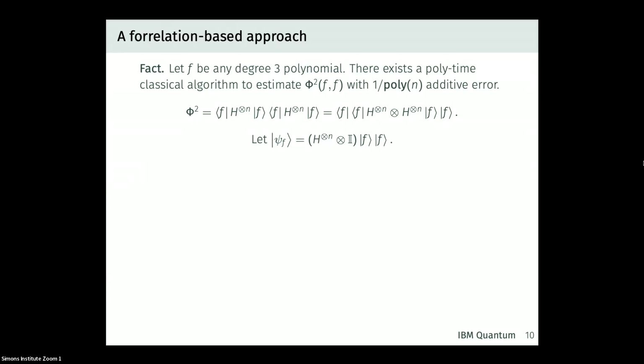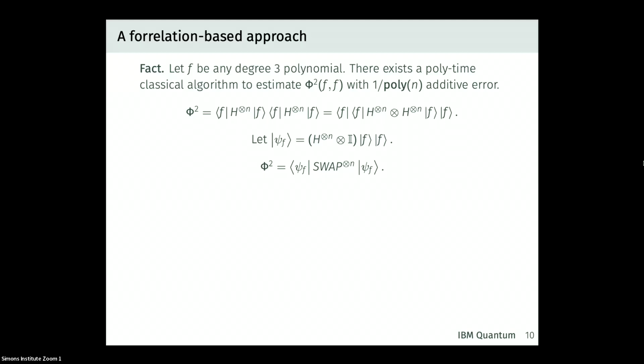Now let's consider this state, which I'll denote as psi f, which is Hadamard applied to only half of 2 copies of f. It's not too difficult to see that this thing from above can be expressed as psi f, then a swap that swaps the first n qubits of the state with the second group of n qubits of the state, and then another copy of psi f.